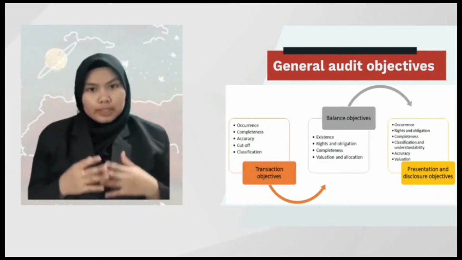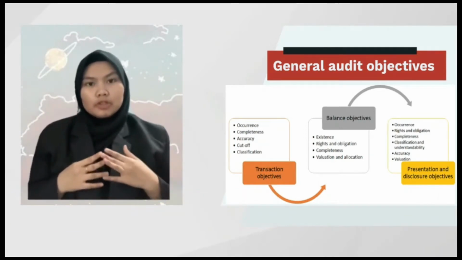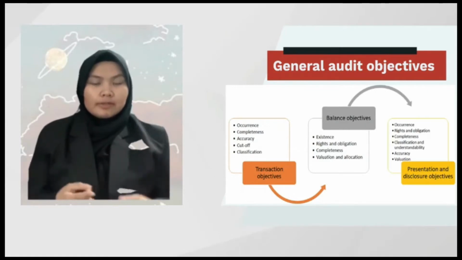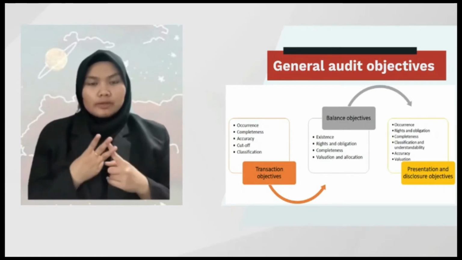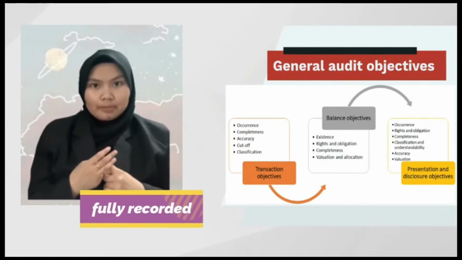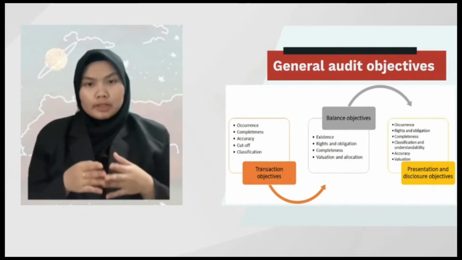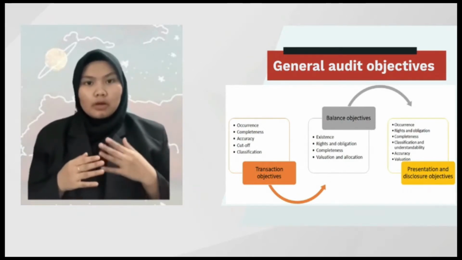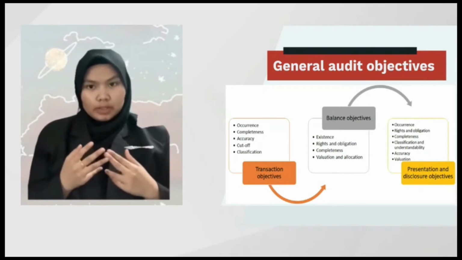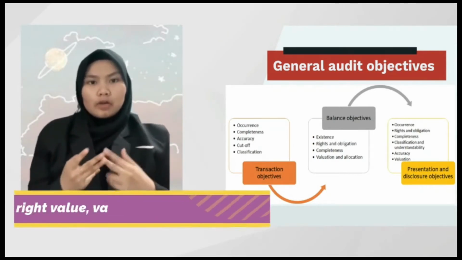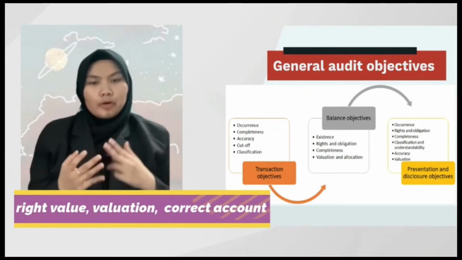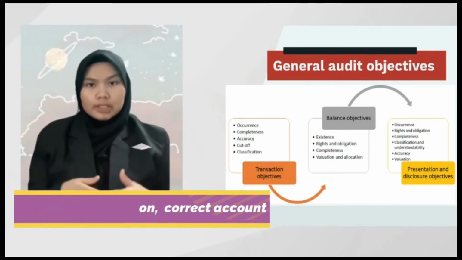Next, for completeness, the auditor must make sure that all the client's assets, liabilities, and equities are fully reported in the financial statement. And lastly, for valuation and allocation, the auditor needs to make sure that all assets, liabilities, and equity balances are recorded at the right value with proper valuation and allocated in the correct account.